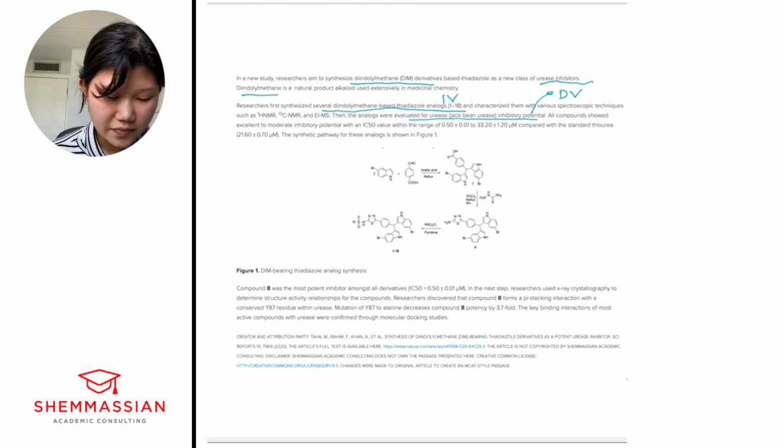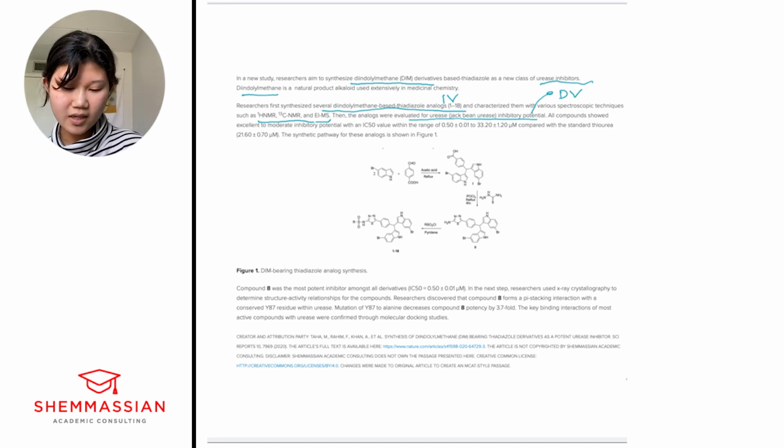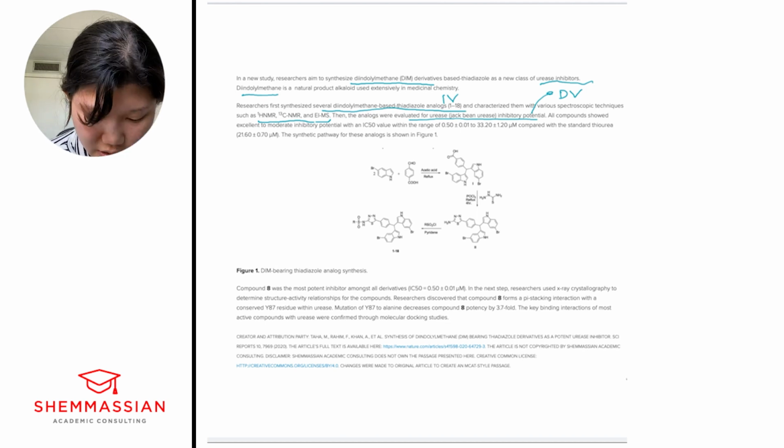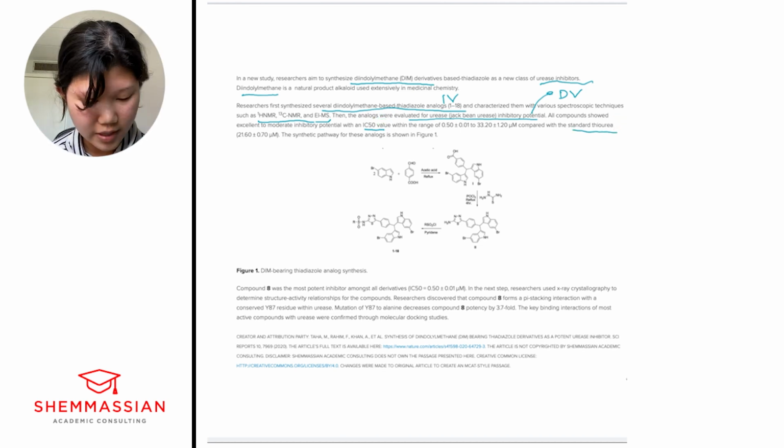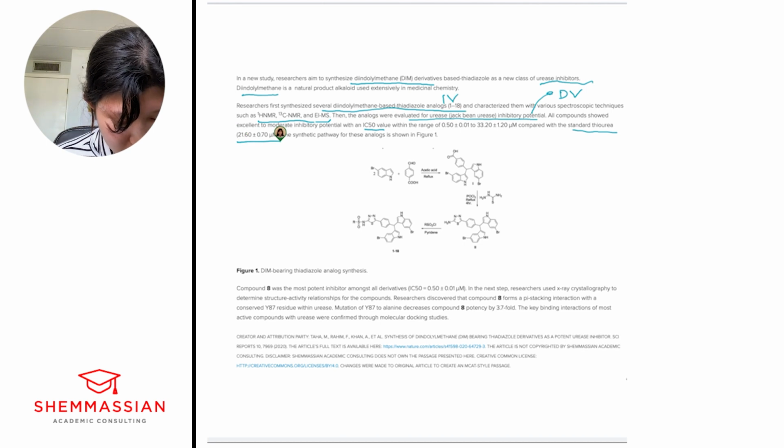With these techniques that I'm outlining right now, how do they measure inhibitory potential? They found the IC50 for these analogs, compared with the control, the standard thiourea, which was this number.